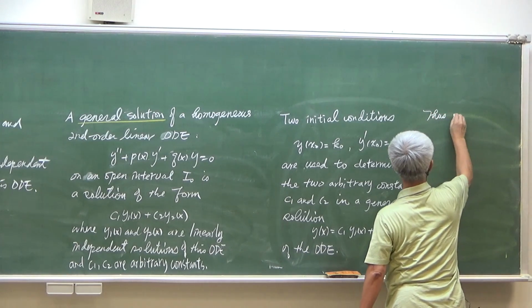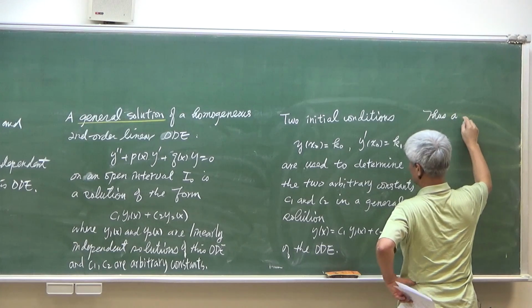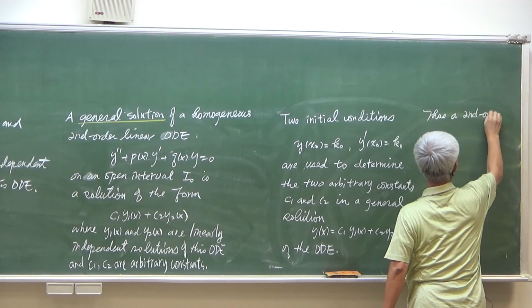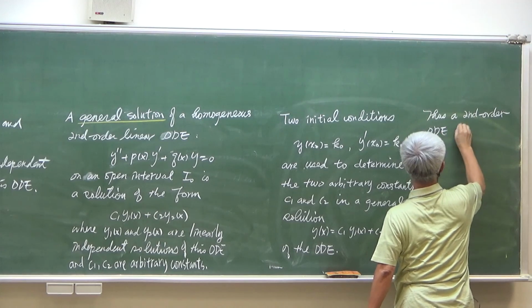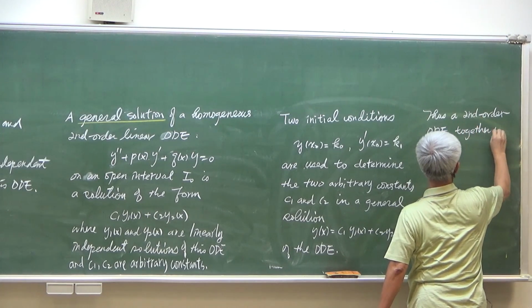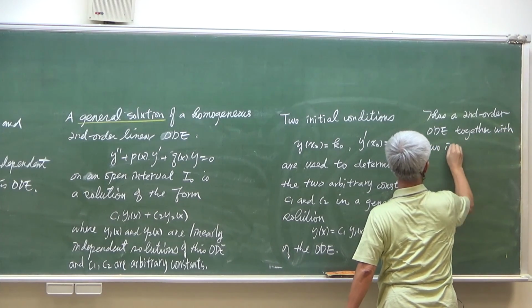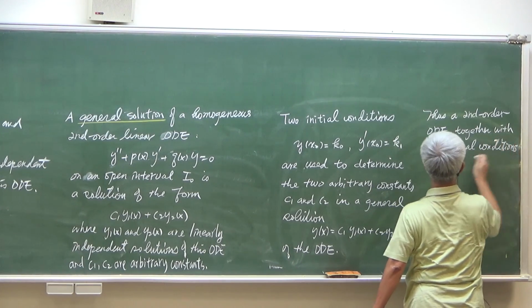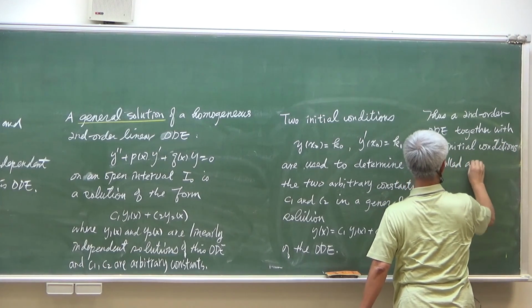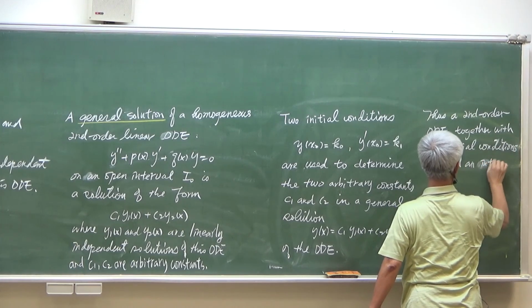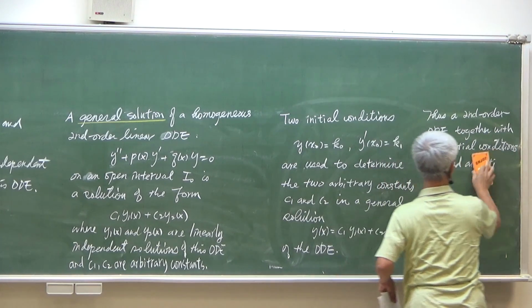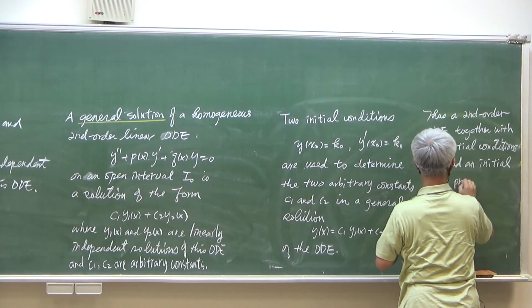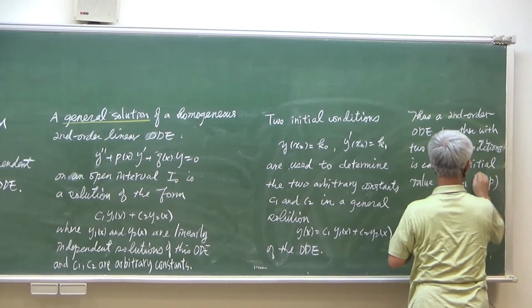Next, a second order ODE together with two initial conditions is called an initial value problem.